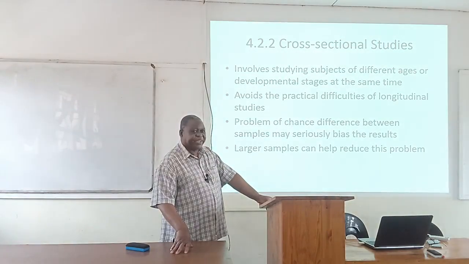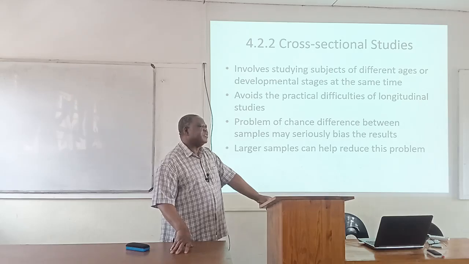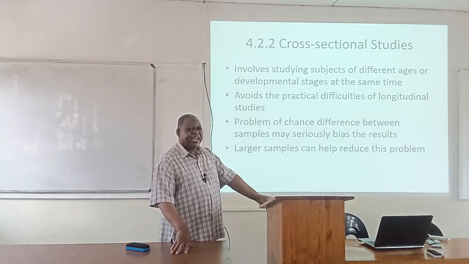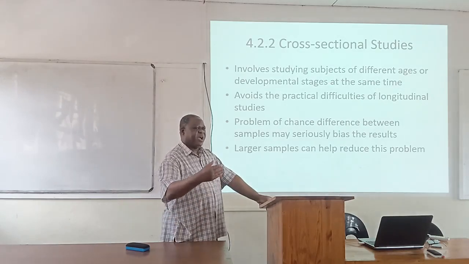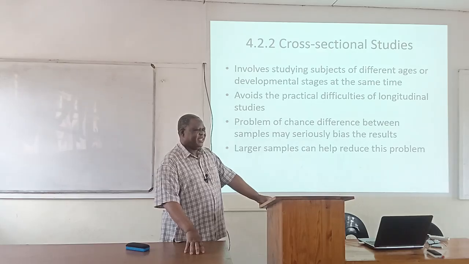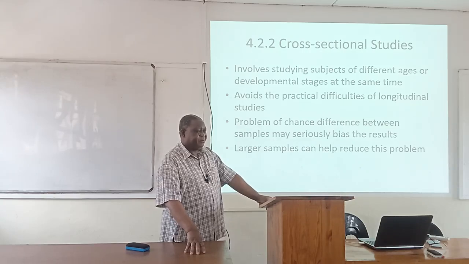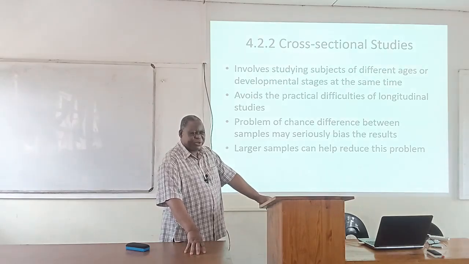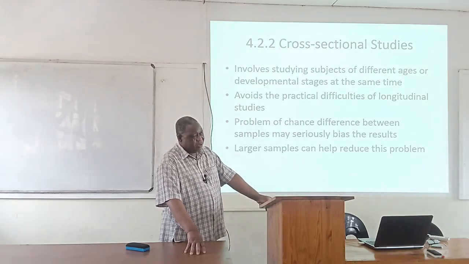So you pick grade 1s, grade 4s, grade 6, grade 8, study their mathematical abilities at the same time. And your assumption being that the performance you observe in grade 4 is different from the performance in grade 1, simply because grade 4 students are more developed, older, more mature than grade 1 pupils.